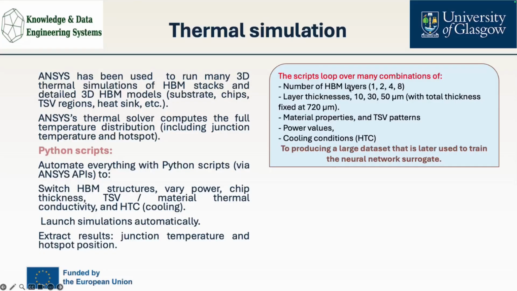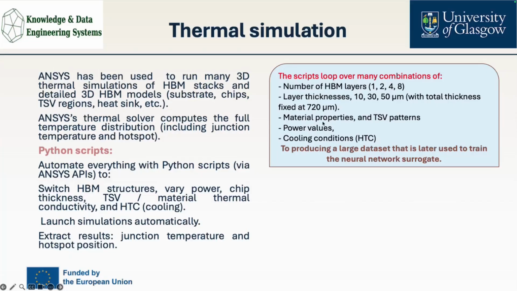It will be something like that, the Python script with ANSYS. They will iterate through different numbers of high bandwidth memory layers like 1, 2, 4, and 8. The layer thickness will also be changed from 10, 30, 50, with a maximum of 700 to 720.